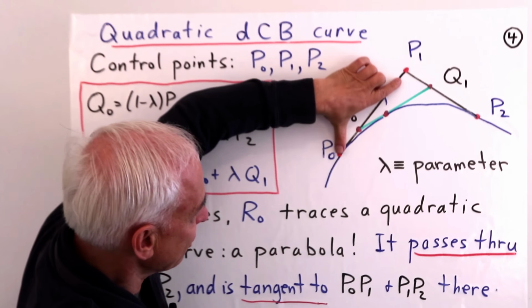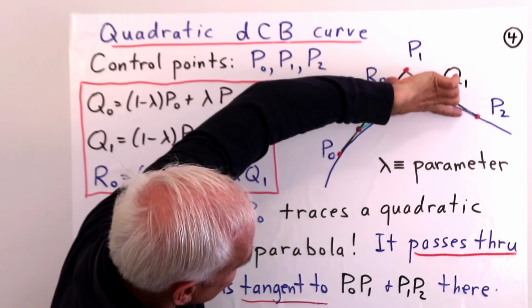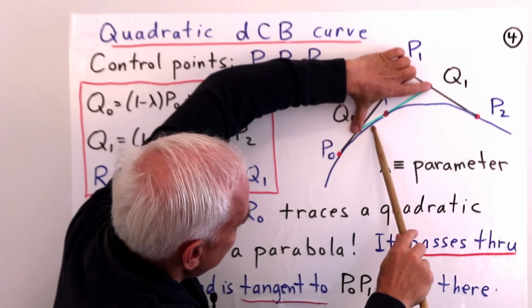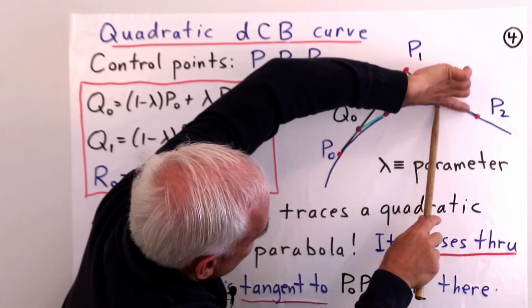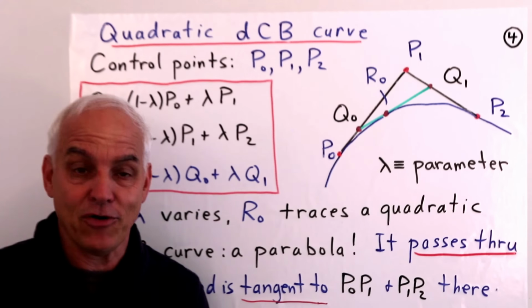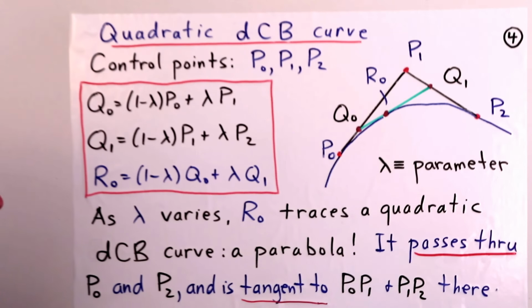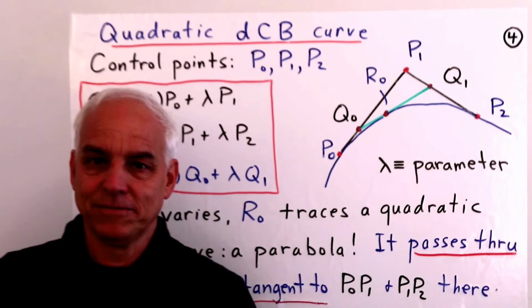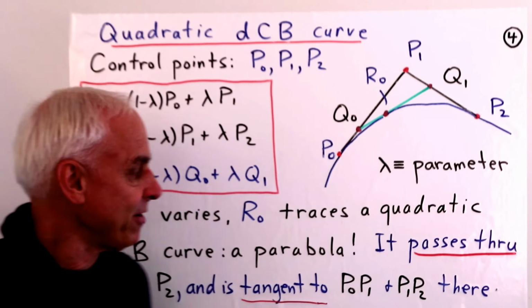Okay, so that's what happens. The line segment Q0 sort of moves like this. And at every point on it, there's a point on that line segment that will then trace out this quadratic de Casteljau Bezier curve. And it turns out that this curve is always a parabola. It's always a parabola.